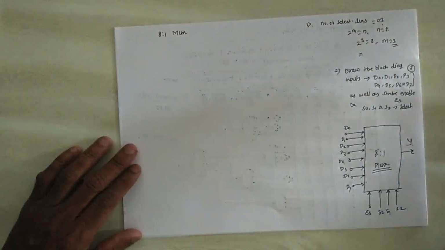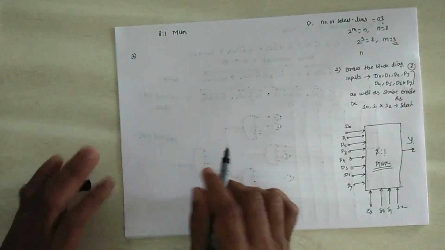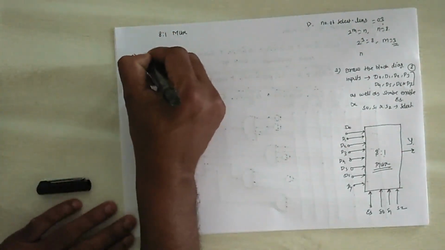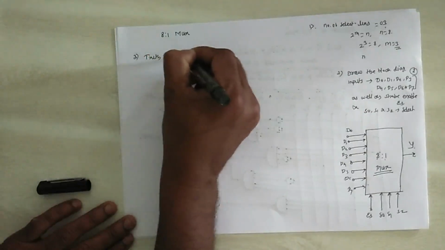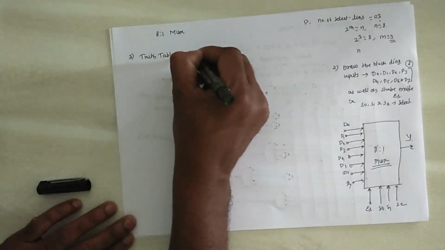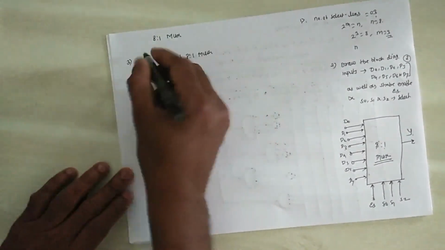First step is covered, second step is covered, then go through the third step, which is draw the truth table. Truth table of 8:1 mux. So first identify inputs.